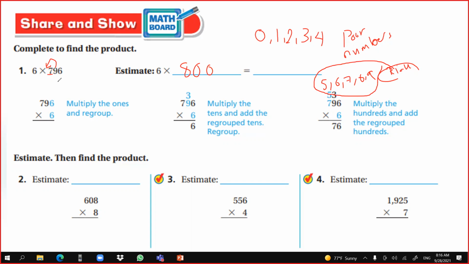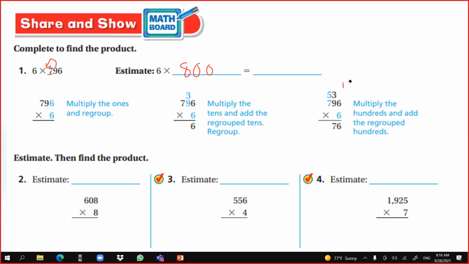Did you remember it now? You forget how to estimate? Okay, later on I will give you another example. Now here, what do you have to multiply? You're going to multiply 800 by 6. How many zeros? 2 zeros.